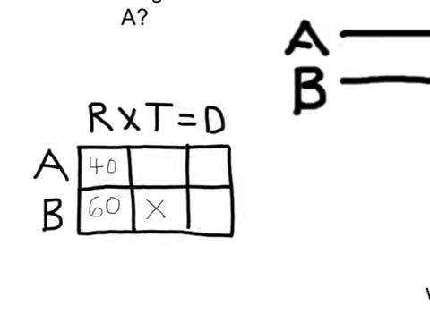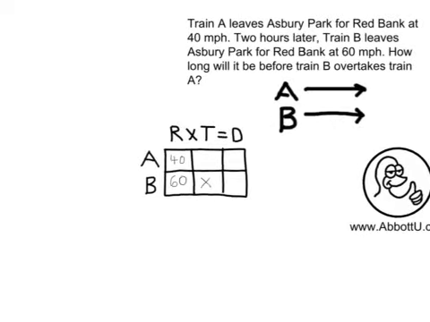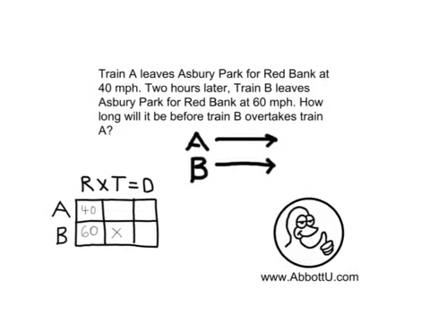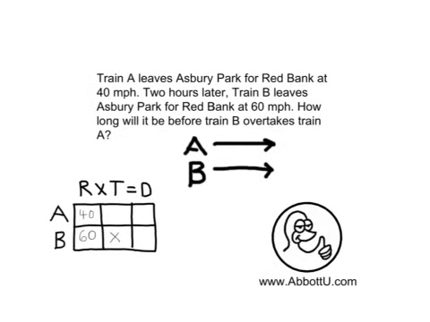If the time spent on the train tracks by train B is called X, then when we're analyzing what time to place here for train A, we have to recognize the fact that train B left 2 hours later.